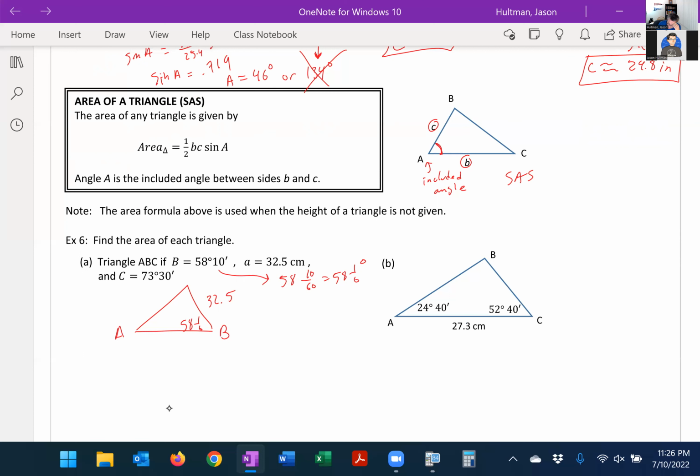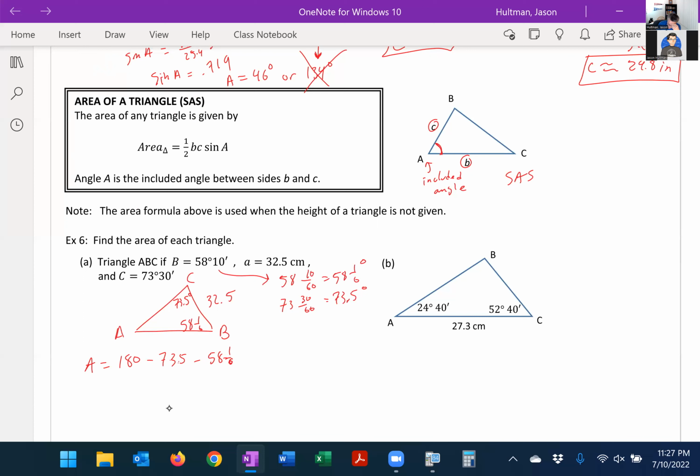Then angle C, I'll call this angle C up here, that's 73 degrees 30 minutes. 30 over 60 is 0.5, so C is 73.5 degrees, which should tell us what angle A is. That shouldn't be too hard, because I can just subtract from 180. Angle A is equal to 180 minus 73.5 minus 58 and 1/6.